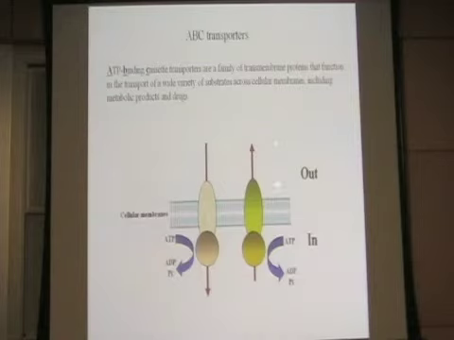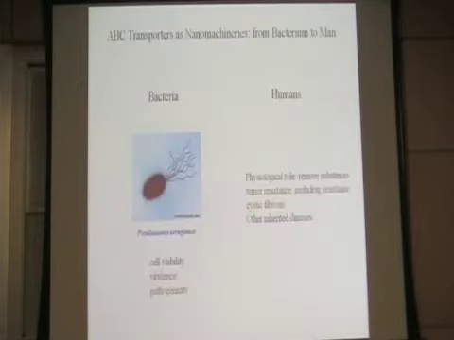And the analyte that can be translocated can range from small molecules like metabolites to even polymers, such as DNA or RNA or even polysaccharide, the focus of this talk. Now, ABC transporters are actually found in every living cell, ranging from bacteria to humans.